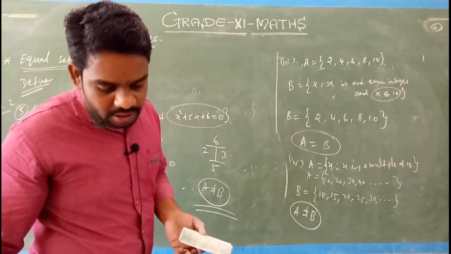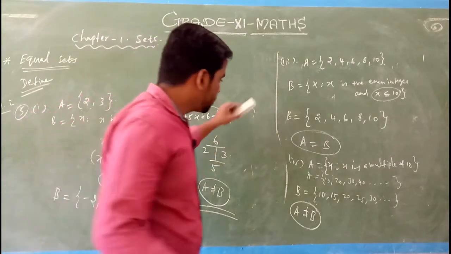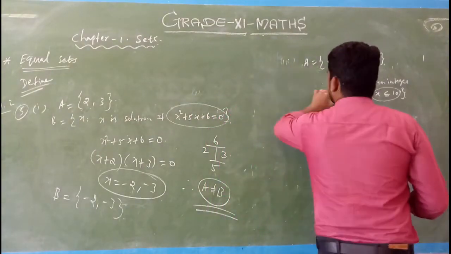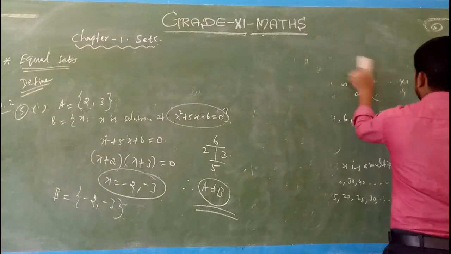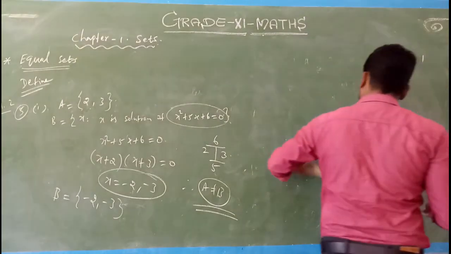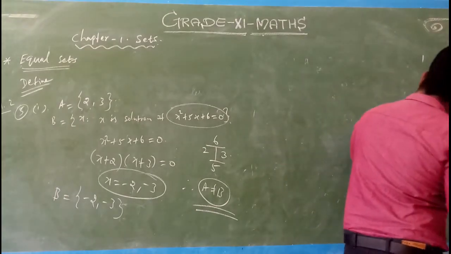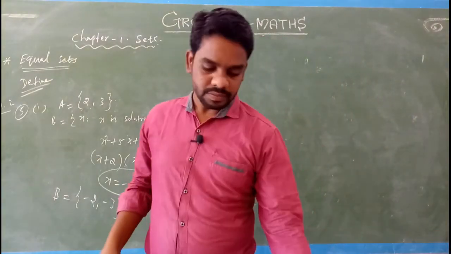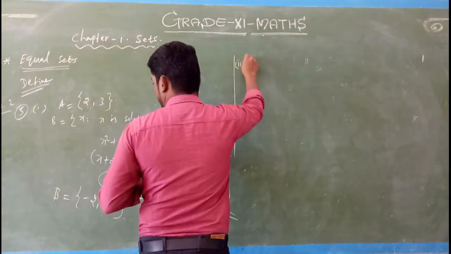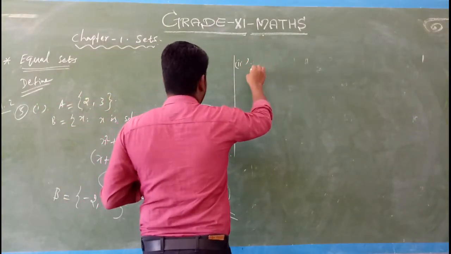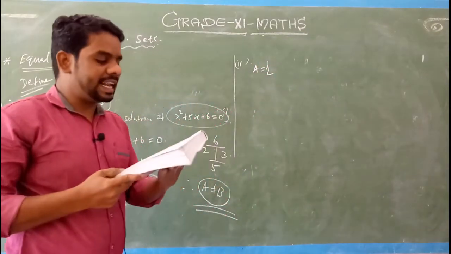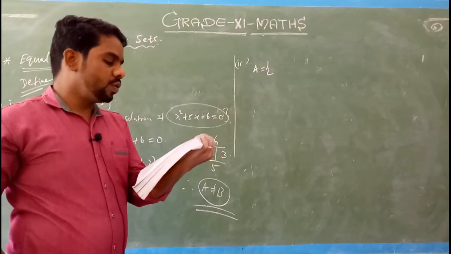Second question. Let's say question number 2. Let's say A equal to {x such that x is a letter in the word FOLLOW}.